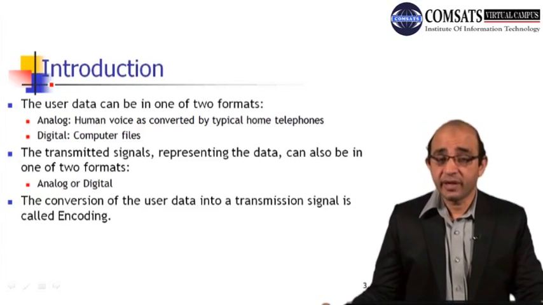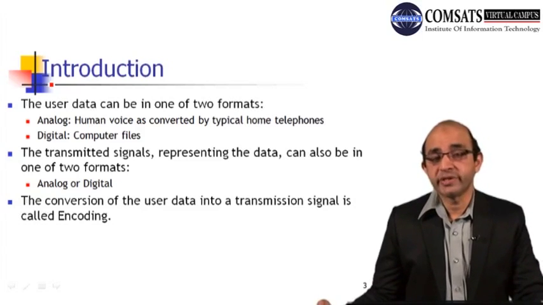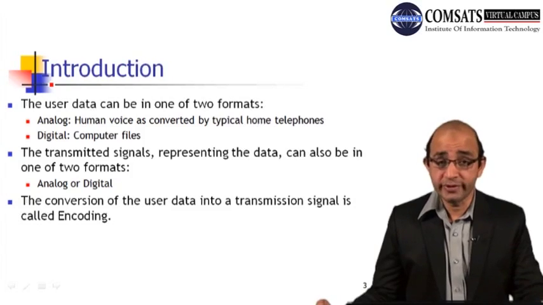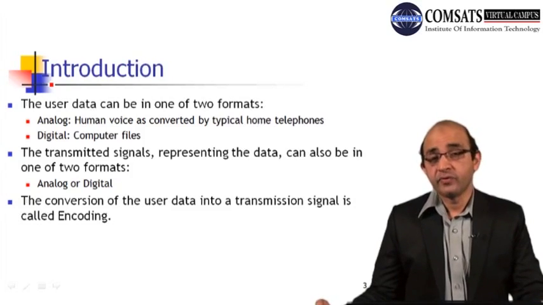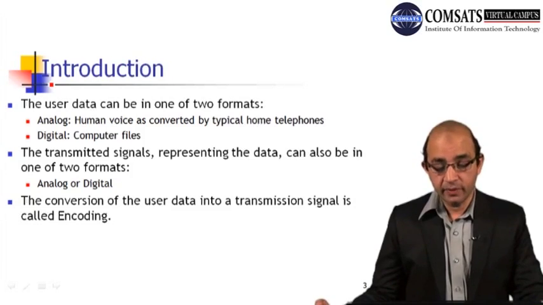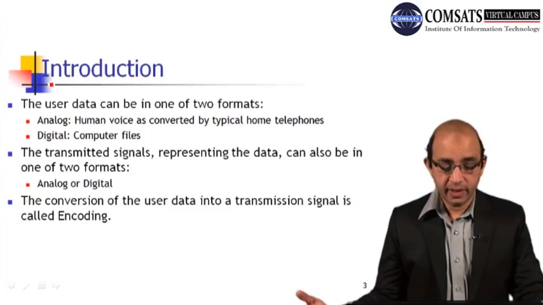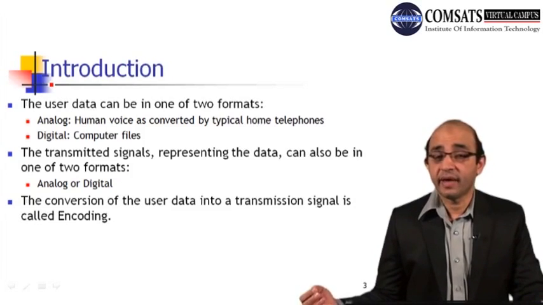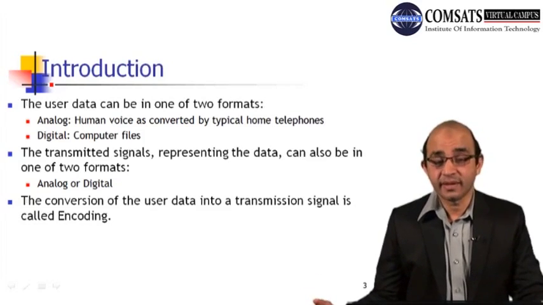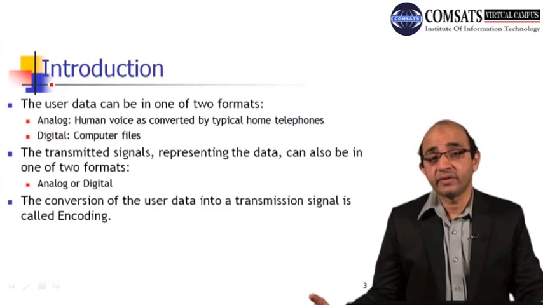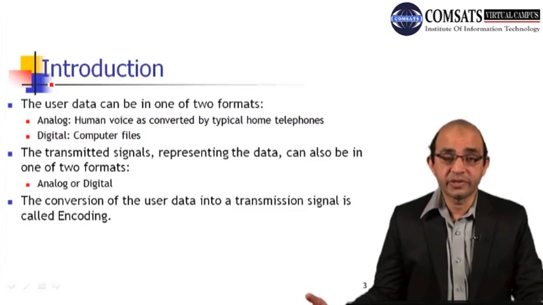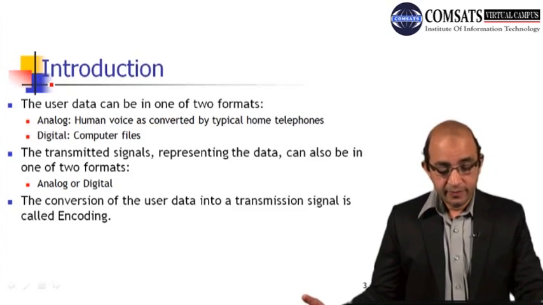We can have data in two formats. First, analog, for example my voice, human voice, and we can convert that analog data into digital data, right? And then we can have another data representation, that is digital data, that is our computer file, or the data that we normally store in our USB stick or maybe hard disk.